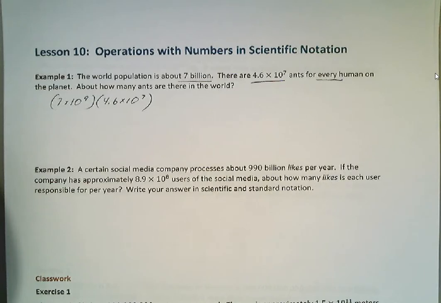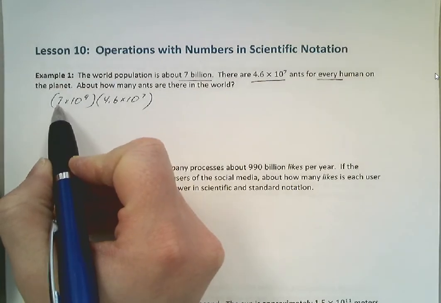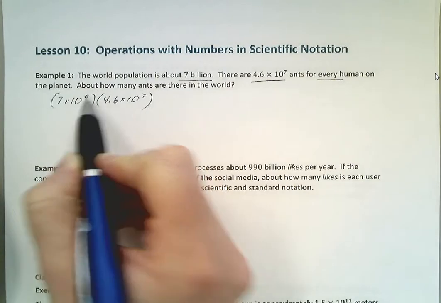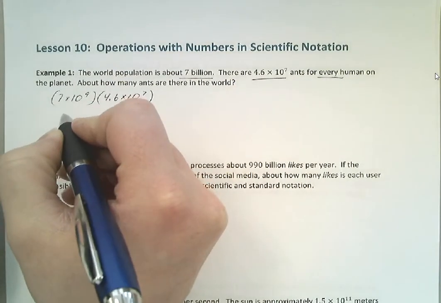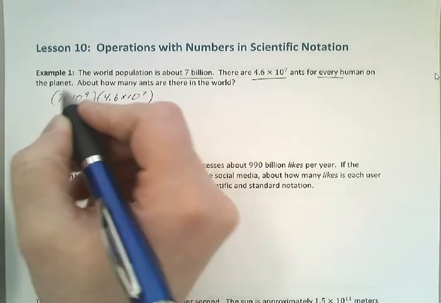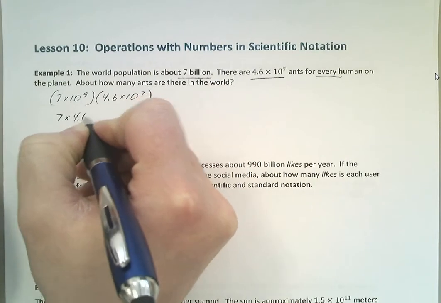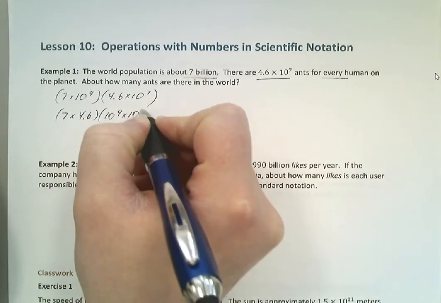This is just multiplication. So we are going to use the product rules for exponents, in which we are going to multiply the 7 by 4.6, and we are going to add the powers of 10. So I'm going to just apply the commutative property to switch numbers around, and I will write 7 times 4.6 and 10 to the 9th times 10 to the 7th.